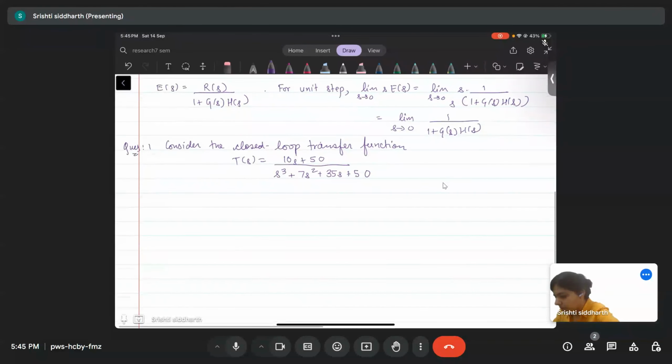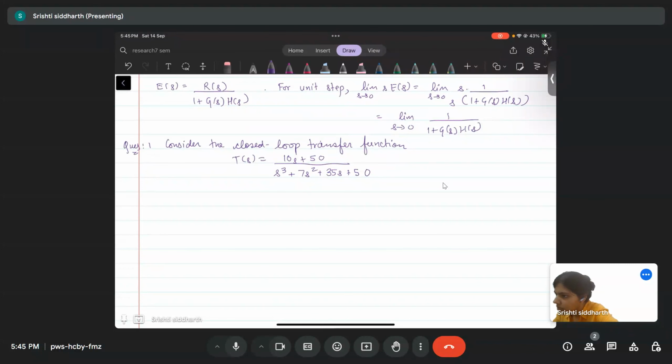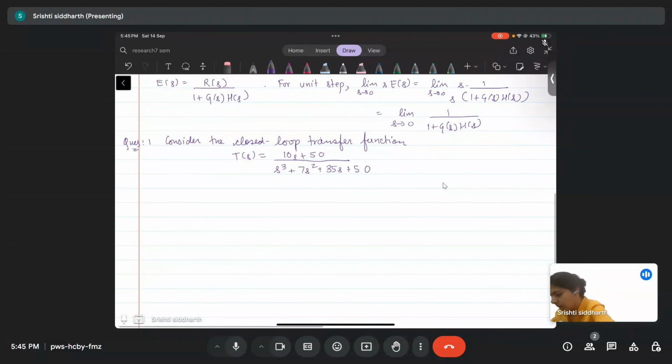This is a ratio of, let's say, output over input, and we want to track the unit step, that is R(s) equals 1 over s.